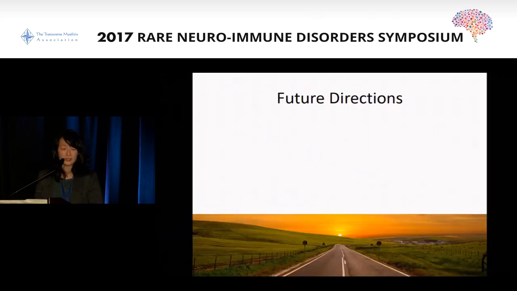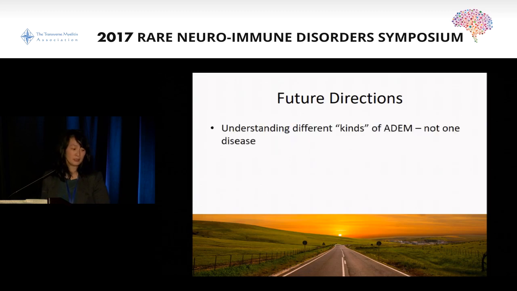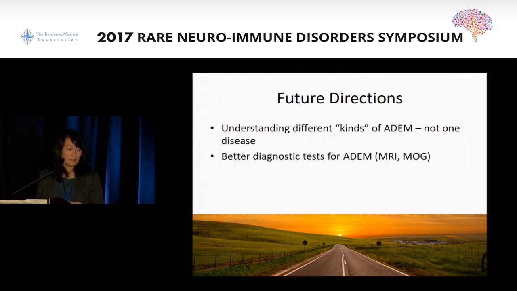So, future directions: I think the future is bright for this field. We're just at the very beginning of understanding different kinds of ADEM, that it's really not one disease, but multiple diseases that have the same phenotype, or outward appearance. We're developing better diagnostic tests.